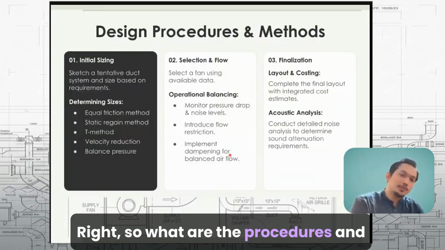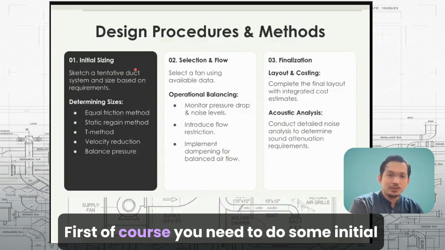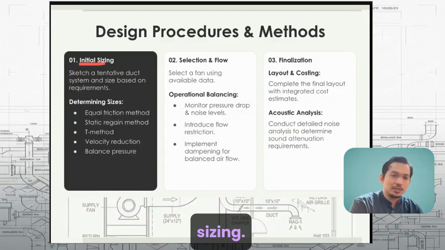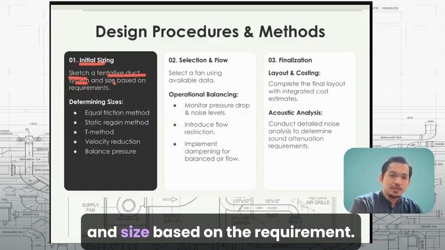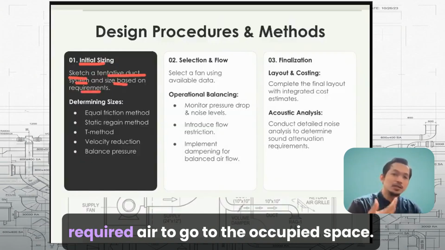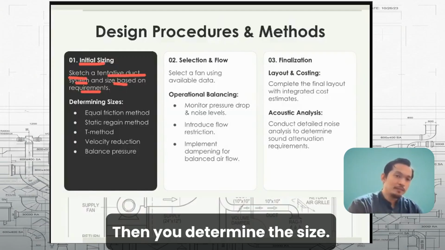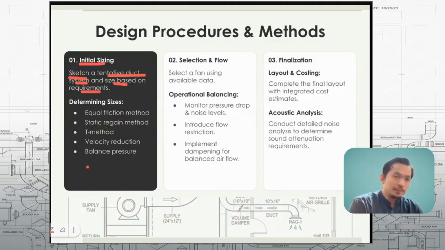Right. So what are the procedures and methods when you want to design a duct? First, of course, you need to do some initial sizing. You sketch the tentative duct system and size based on the requirement. Requirement means what is the required air to go to the occupied space. Then you determine the size. There are many methods actually.